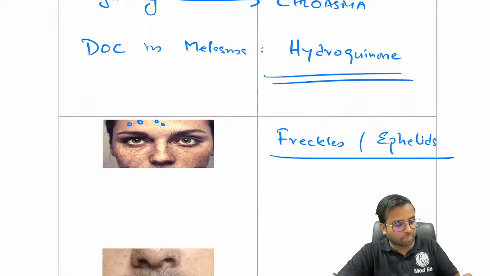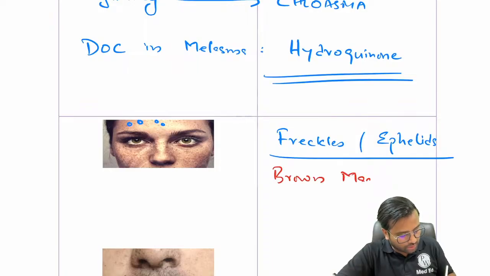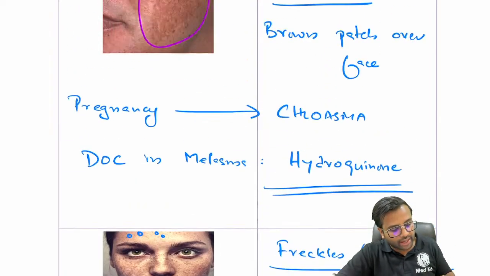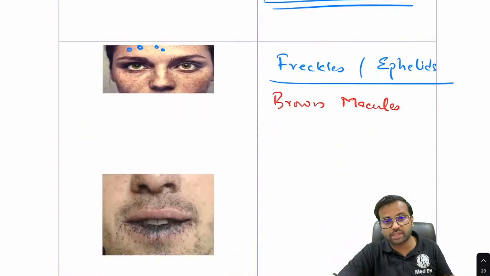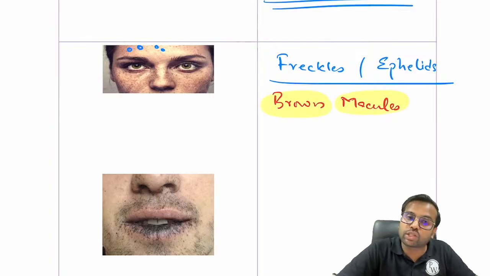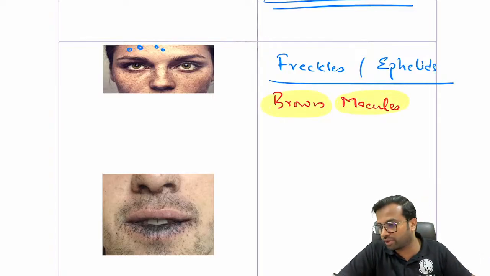So यहाँ पे the most important finding is you get brown macules, क्योंकि in melasma we saw there are brownish patches over the face, whereas if you find brownish macules, that is called freckles or ephelides.